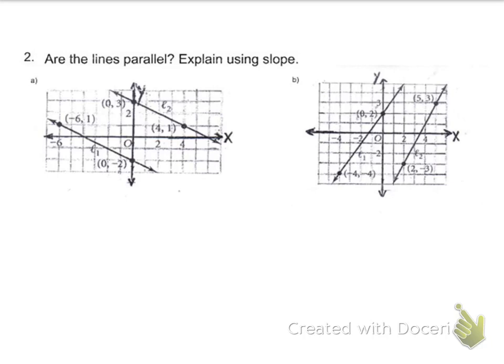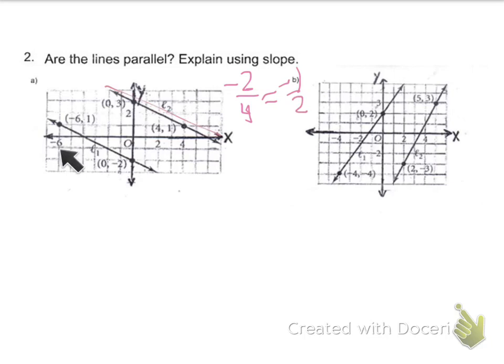Alright, are the lines parallel? Explain using slopes. So what we want to do is find the slope of these lines. I'm going to start with this one here. I'll start with this point, and I'm going to go down 1, 2, then over 1, 2, 3, 4. So my slope here is negative 2 over 4. That's negative 1/2. Now I'll do the same thing for this line.